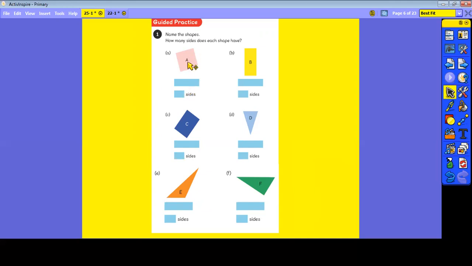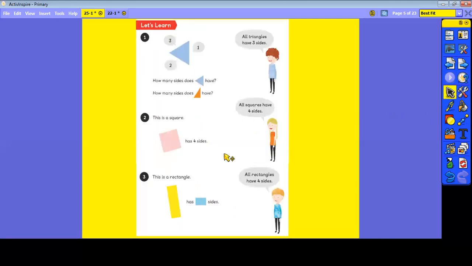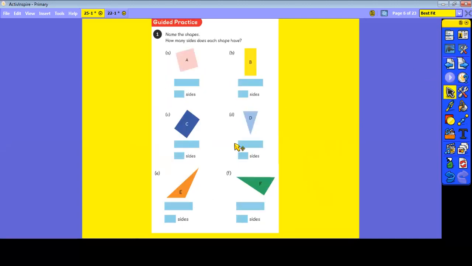Count the sides and look at it. Can you recognise the shape B? Okay, if you get stuck, go back to the previous page, where these 3 shapes are explained to you. And you shouldn't get stuck on your guided practice.